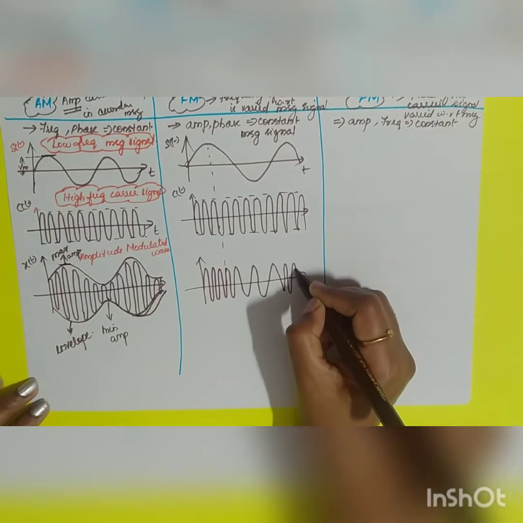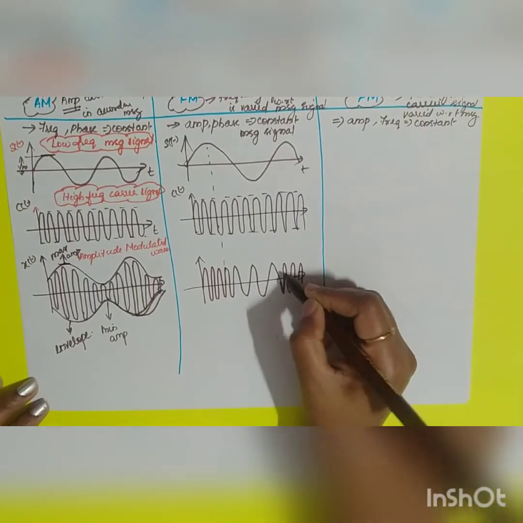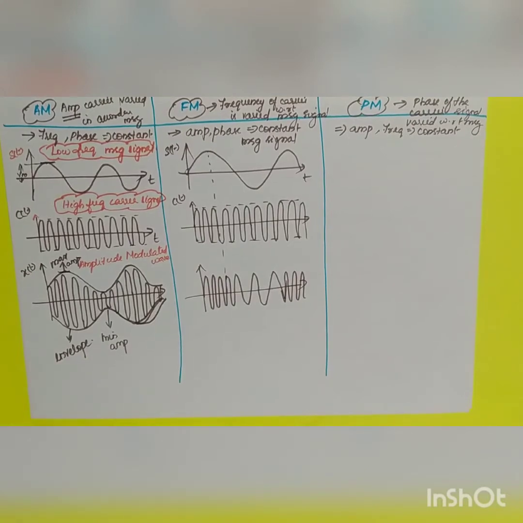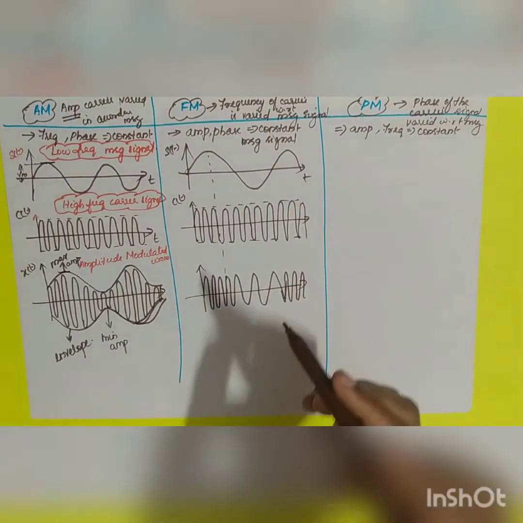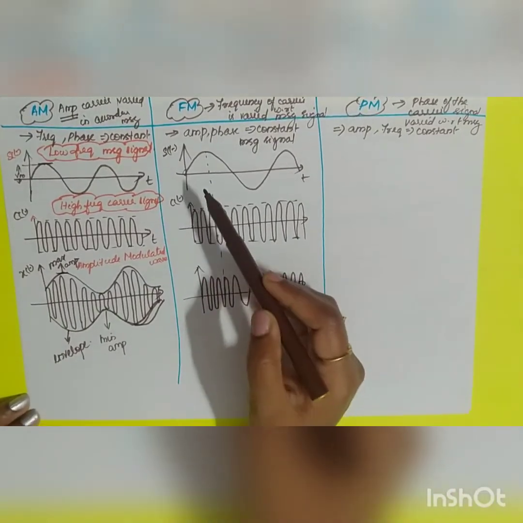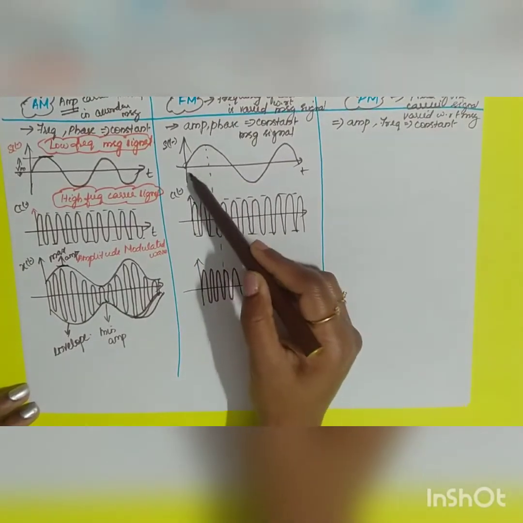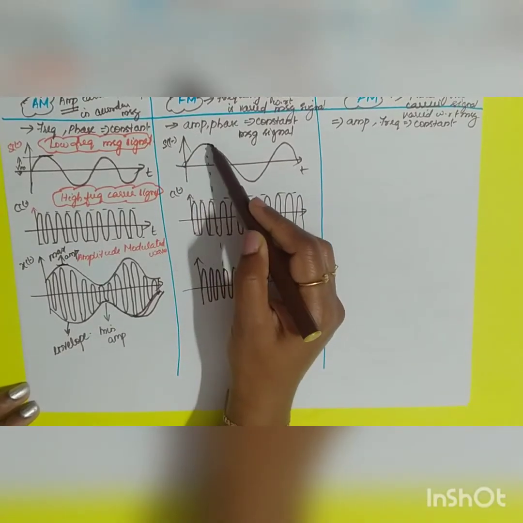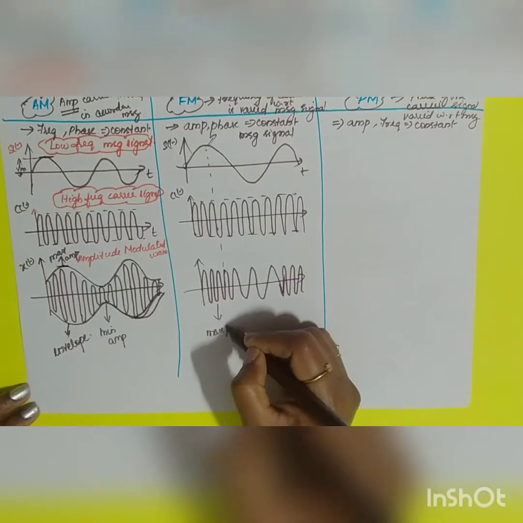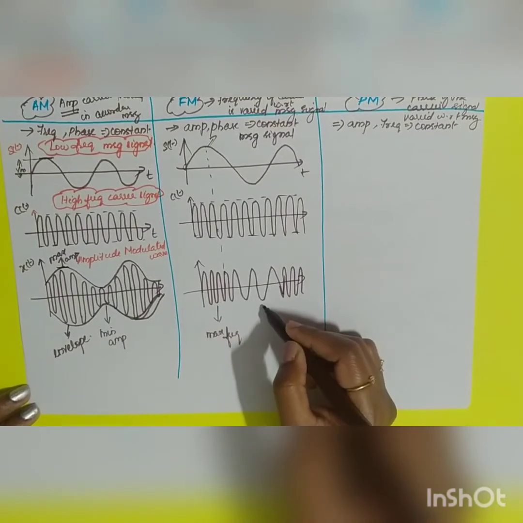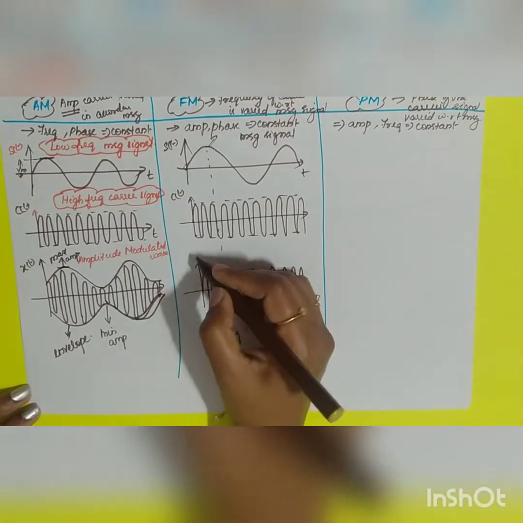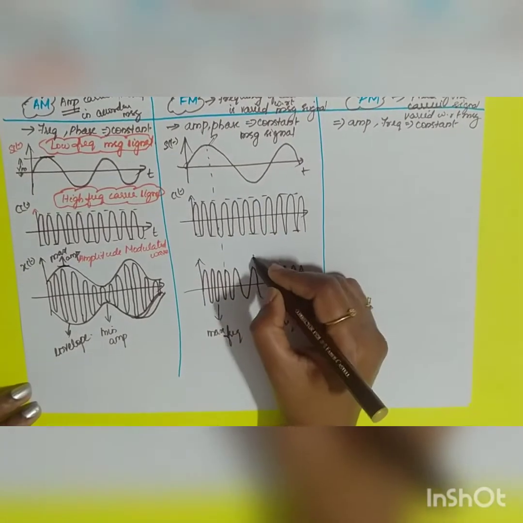Again, you will have maximum here. The frequency will be varied with respect to your message signal, and the frequency will carry the message information. Whenever the message signal is positive or maximum, you will have maximum frequency, and whenever the message signal is negative, you will have minimum frequency. So this will be your modulated signal.